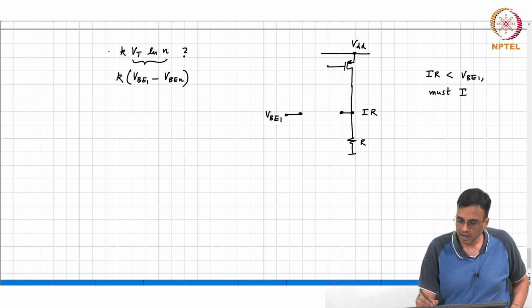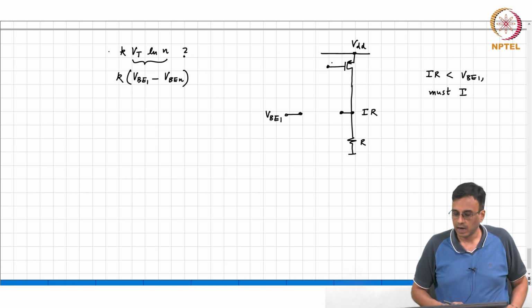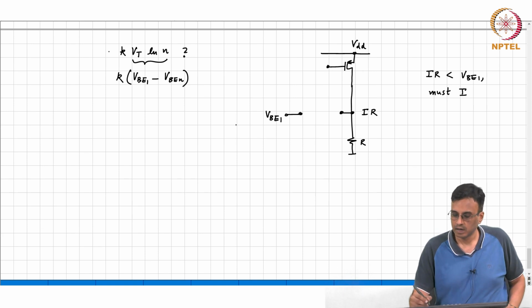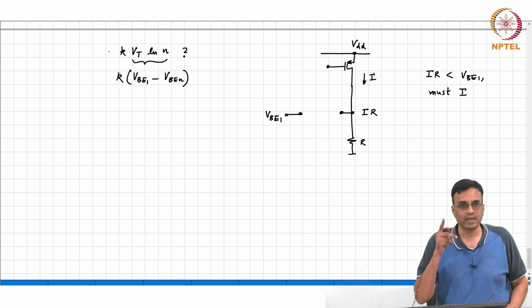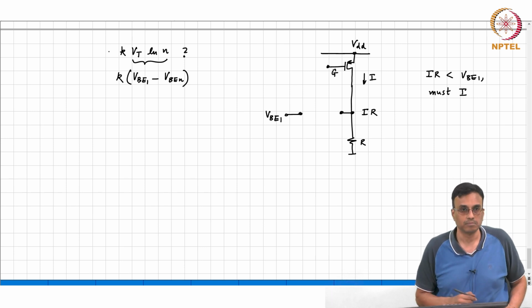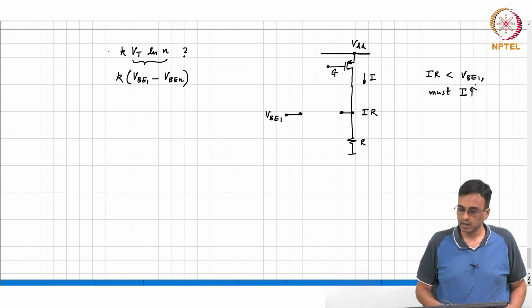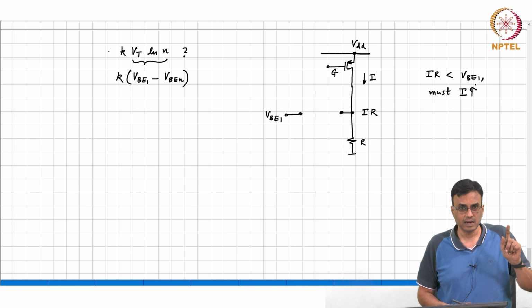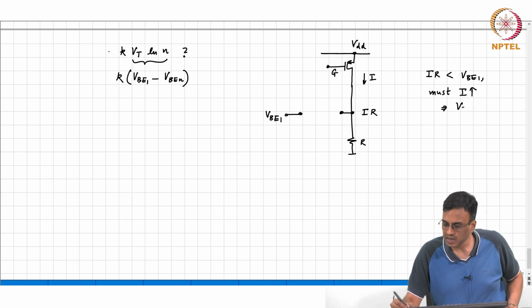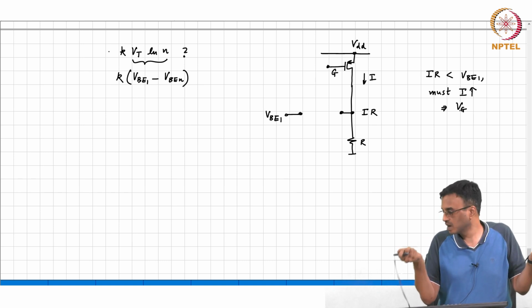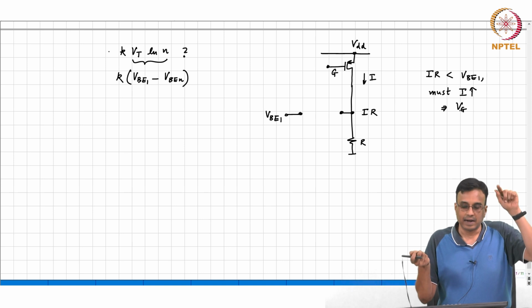Okay. Now this is the knob, and you must compare Vbe1 with that node IR and go and kick the gate of the transistor in the right direction. So if IR is less than Vbe1, we must increase I. We are basically looking at Vbe1 and IR controlling VG.